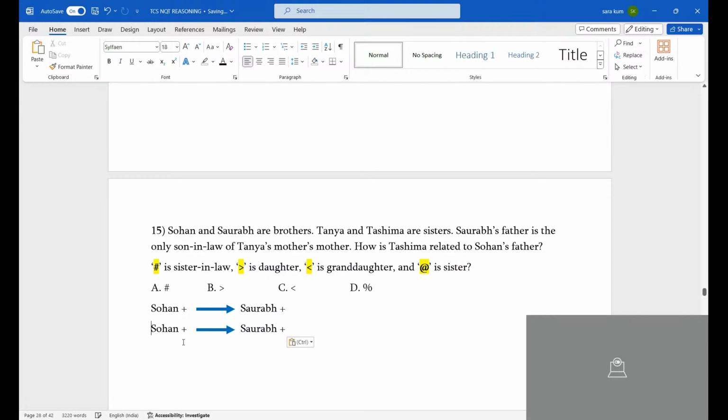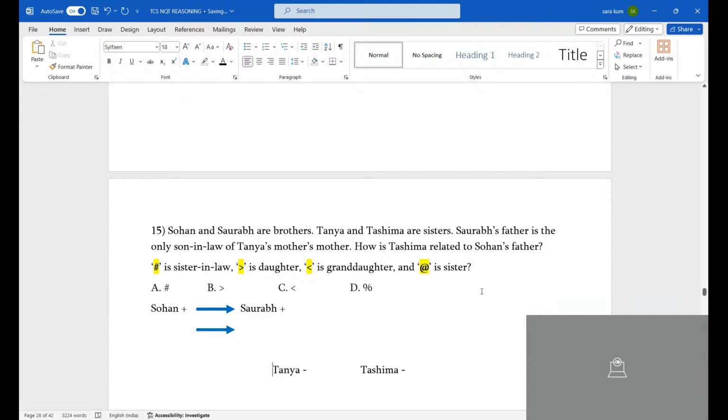So Tanya is a female. Tanya and Tashima are sisters. Okay. So now you can pull them like this. Now what other information is given?